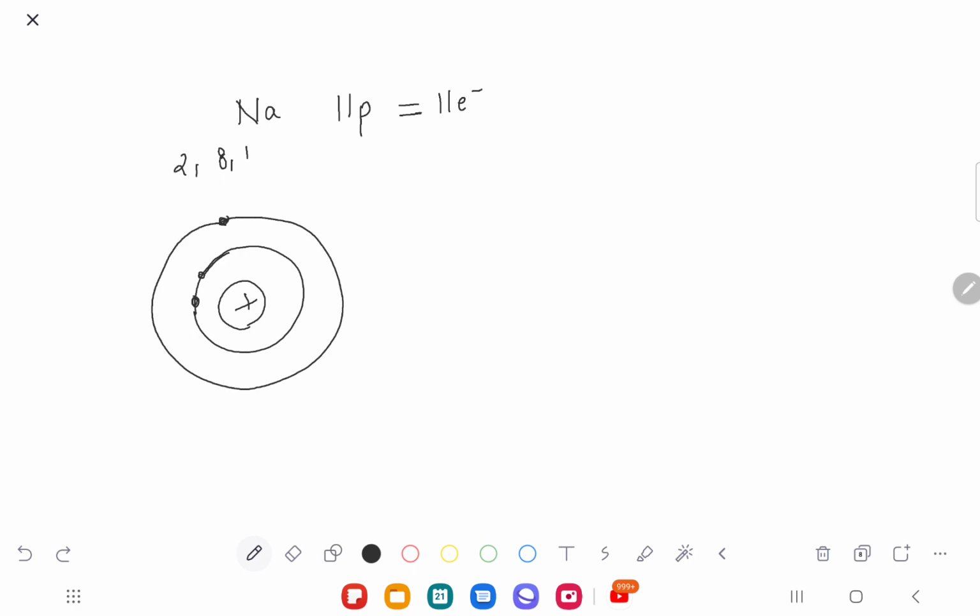The atomic number of sodium is 11. That would mean 11 protons and also 11 electrons. So the electronic configuration would be 2, 8, 1: a nucleus, two electrons in the innermost shell, then eight electrons, and in the outermost shell, which is the valence shell, there is one electron.